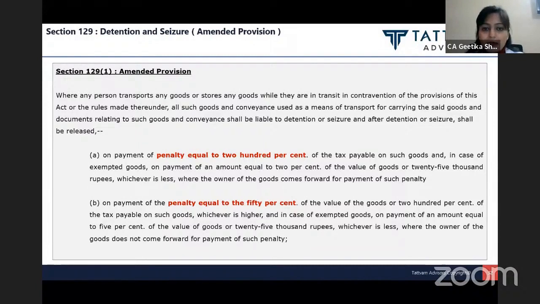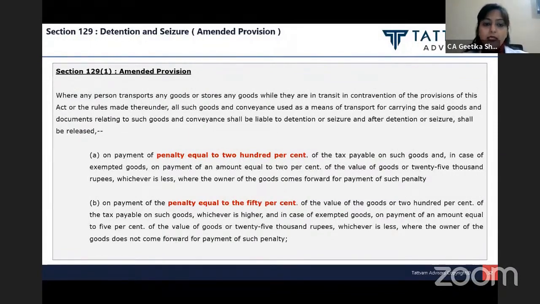So the intention was very clear: while they had written it as 100% tax and a penalty, the intention was always to treat it as a penalty, and they corrected the language of the law.